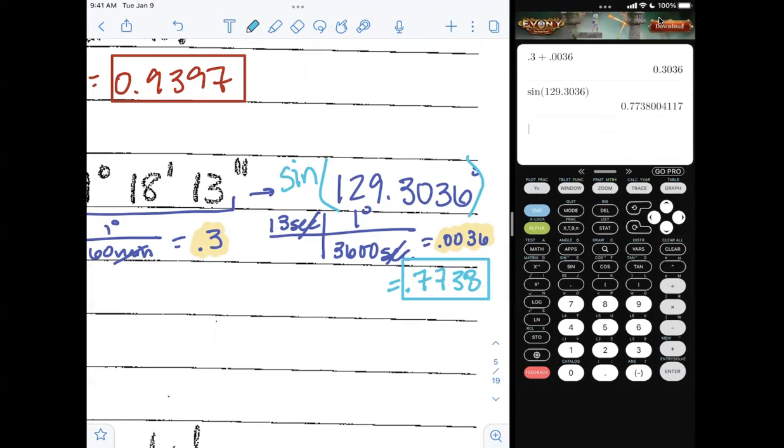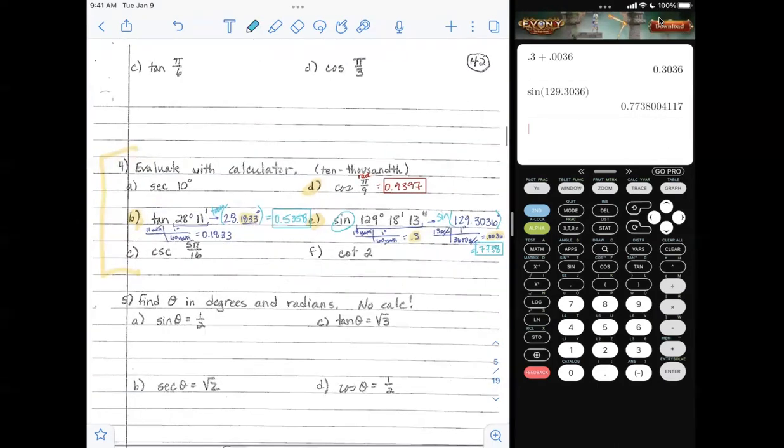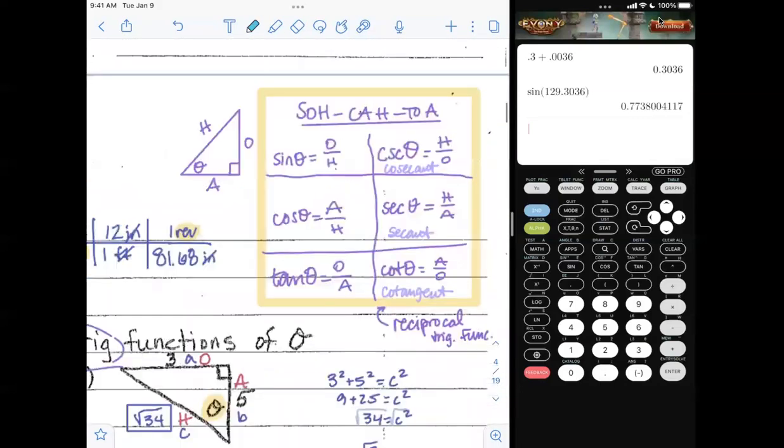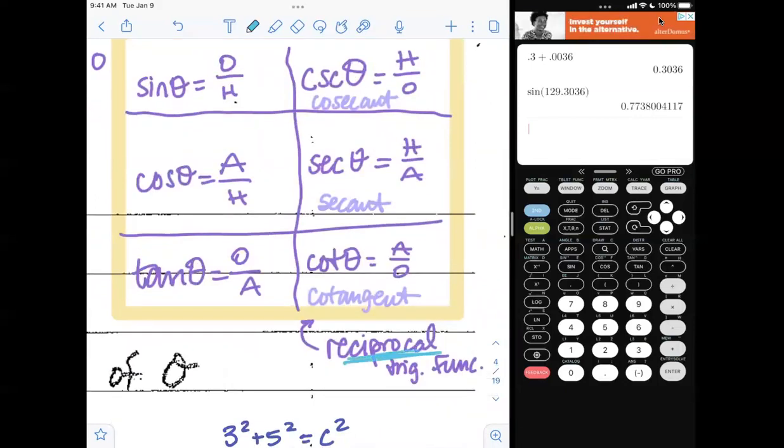All right. Any questions with that? Okay. All right. Now we're going to do the 3 that I did not have highlighted. We're going to do secant, cosecant, and cotangent. I'm going to roll back up in my notes because I want to remember that cosecant, secant, and cotangent are what I call the reciprocal functions. Reciprocal means that we flip them.